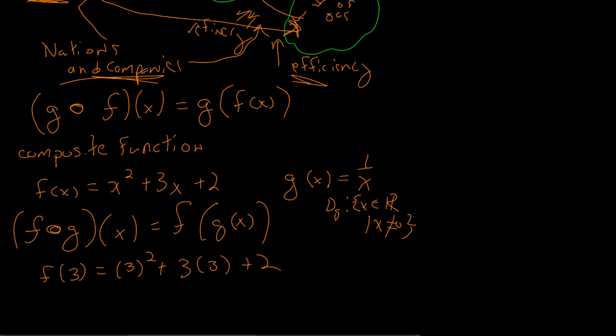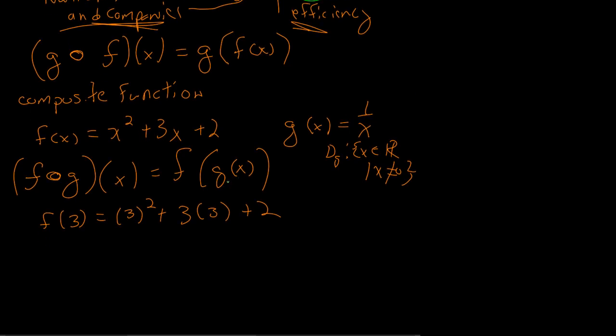And the same thing happens here. G of x, oh, I have an equal sign here. G of x is equal to this rule, 1 over x. So I can drop in g of x is the same as f of 1 over x. I'm going to drop in 1 over x wherever I see x.